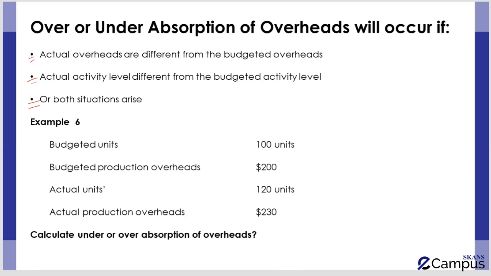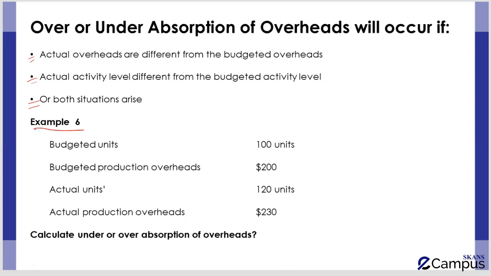In these three situations, we need to clear the confusion whether the overheads that we have charged into our production costs are equal to our actual overheads or not. If there is a difference, then we need to adjust it into cost of sale or in the GP to make the absorbed overheads equal to the actual overheads.